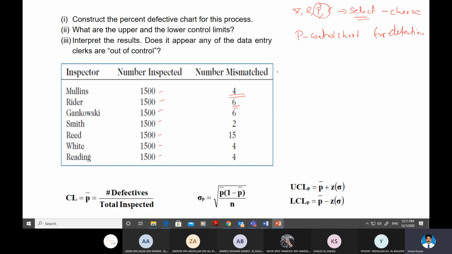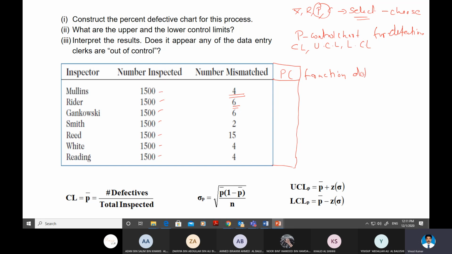Now we need to prepare another column. The P chart we are going to draw, each chart will have a center line, an upper control limit, and a lower control limit. We have to calculate all of them. But before that, we have to prepare one more column here. That column represents P. What is P? P means fraction defectives.